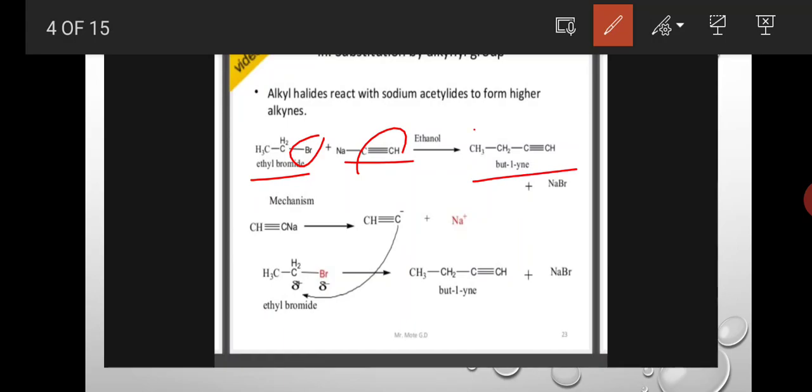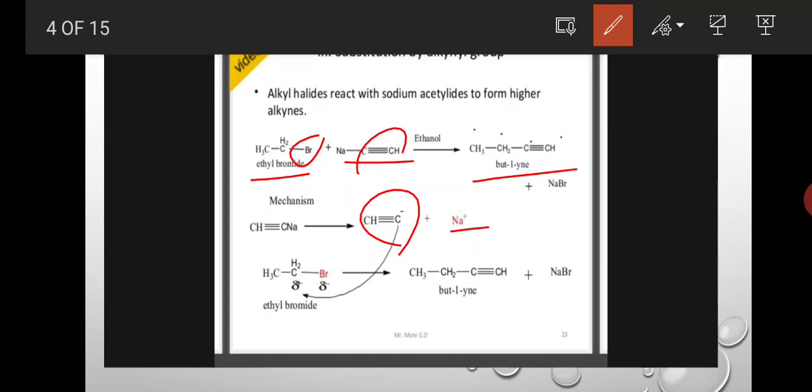Four carbons are there. The first carbon has a triple bond, the alkyne functional group, so it is named but-1-yne, plus sodium bromide, NaBr. In the mechanism, first sodium acetylide is converted to the acetylide functional group and Na plus.